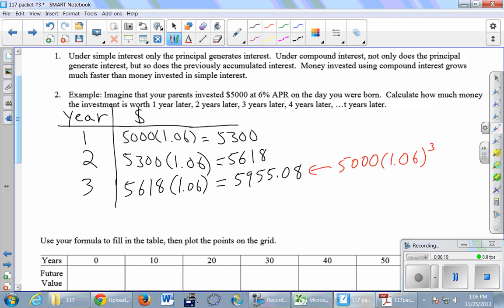So that's the quick way to do this, is to just say, okay, all you're doing is multiplying by 1.06 over and over again. That's an exponent. So then in our general form down here, 5,000 times 1.06 raised to the t, whatever t is, however many years you wait, just put that on the exponent. And that's how much money you'll have at the end of that year.